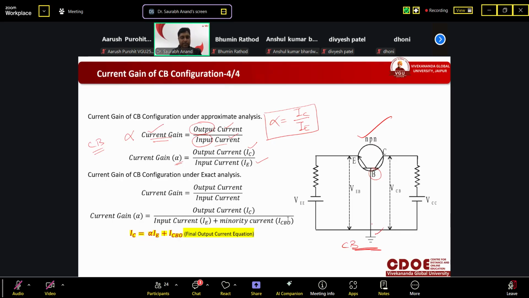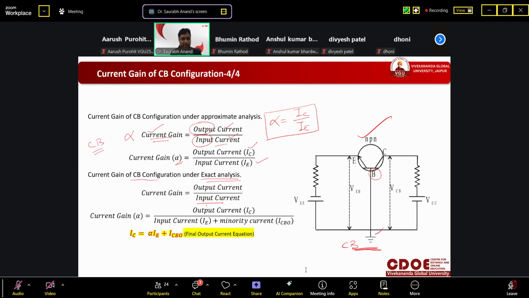And this is the current gain of common base configuration under exact analysis.